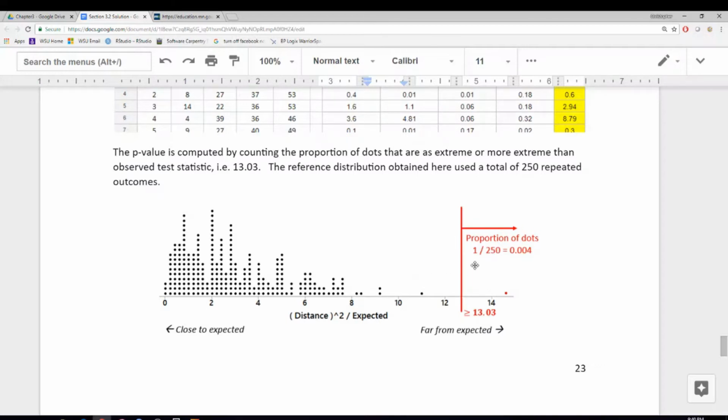In this particular graph, I obtained 250 simulated outcomes. So 1 divided by 250 is 0.004. And that's going to be my p-value here. Again, if I'm far up on the right-hand side, I'm going to say that I'm far from the expected quantities. When I'm back here close to 0, then I'm close to the expected quantities.